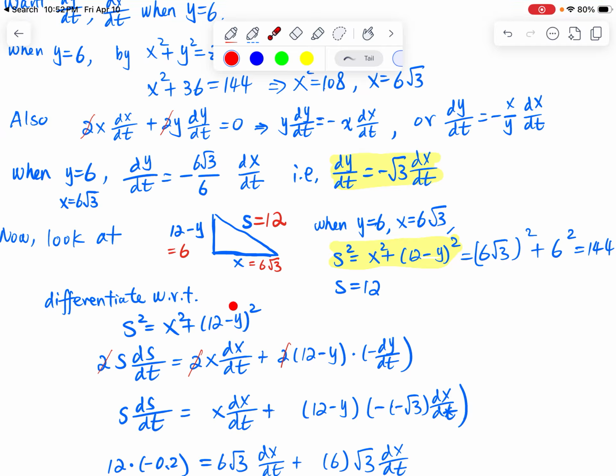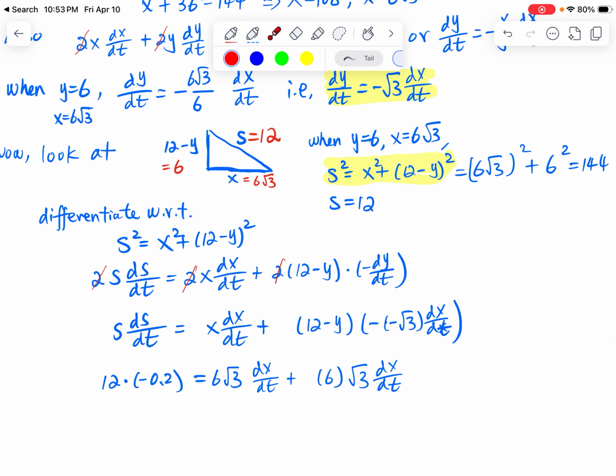Derivative of this guy, chain rule again, 2 times 12 minus y times the derivative of the inner function, which is negative dy/dt, right? So now, by the way, because every term has a 2, we can divide both sides by 2 to get rid of these 2.